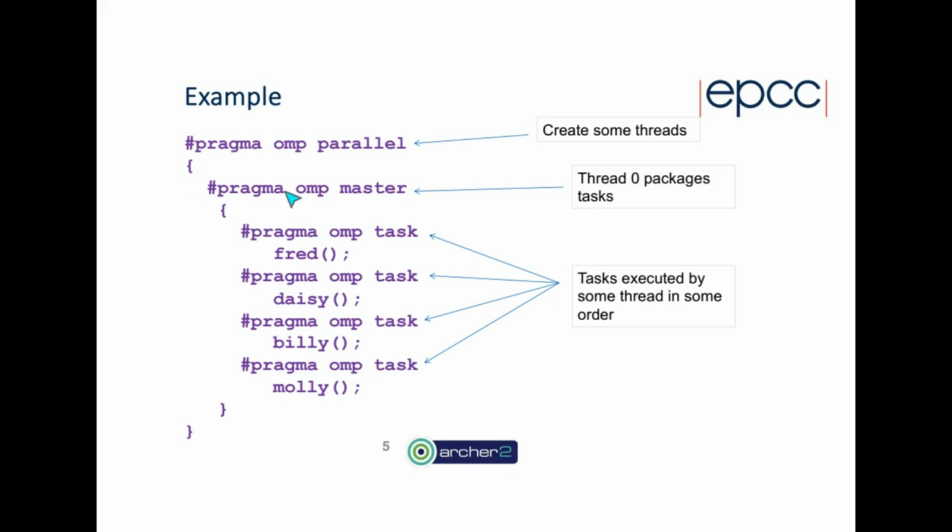So thread 0 is packaging the tasks, but at least in the first instance, it is not executing them. These tasks will be executed by some thread inside the parallel region, in some unspecified order.